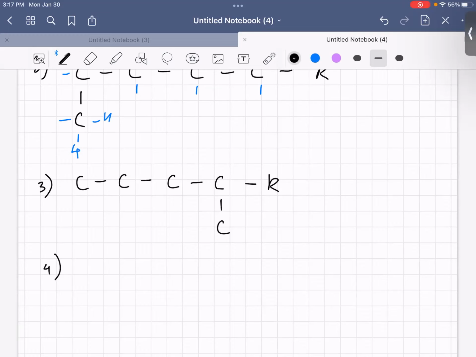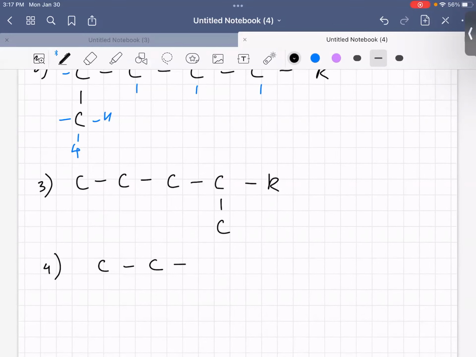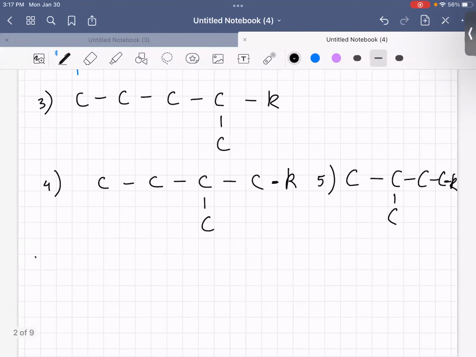Another thing we can do is attach another C in the middle. So for example here, right? And again, the fifth, we can just attach it to the second carbon, right? And this is the rest of the molecule. So attach it to the second carbon. Okay, so we have 5.